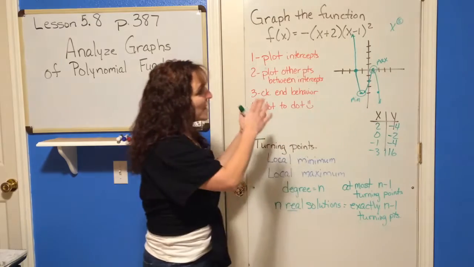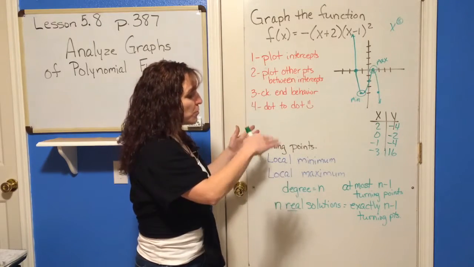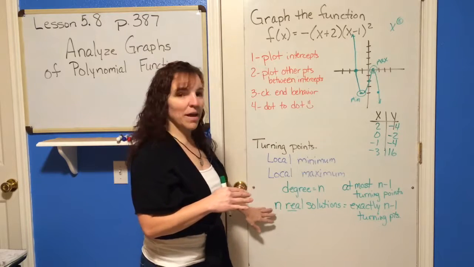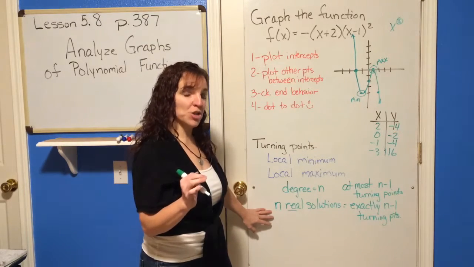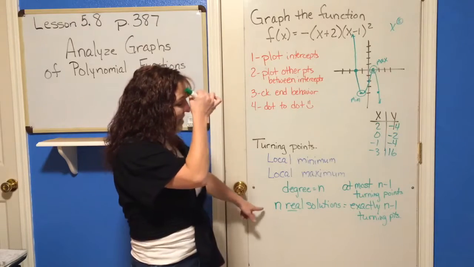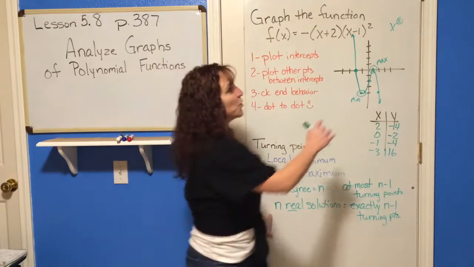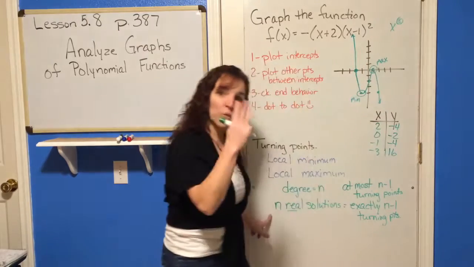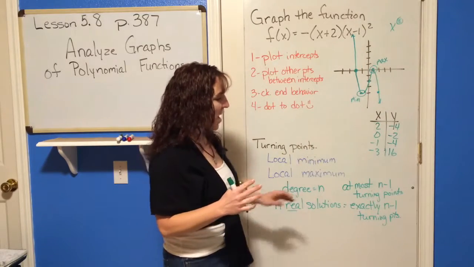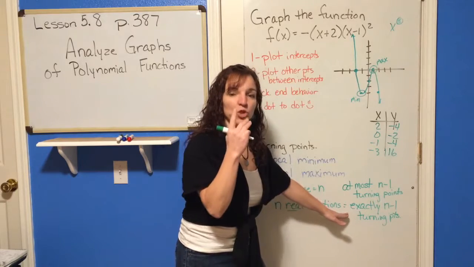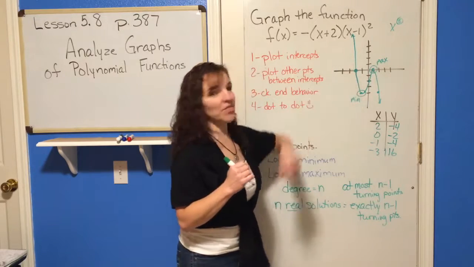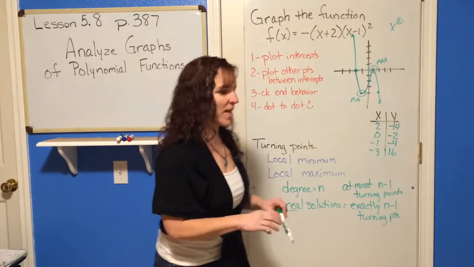So if you've got fewer turning points than this n minus 1 number, then that means some of your solutions are imaginary. All right, but if you have a degree of 3 and you have 3 real solutions, then that means you have exactly one less turning point. So you have 2 turning points, one less turning point than your degree. All right, could I make that any more confusing?